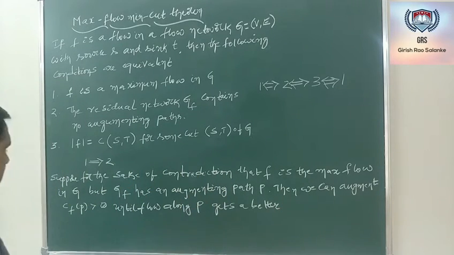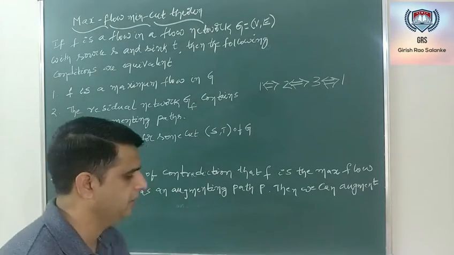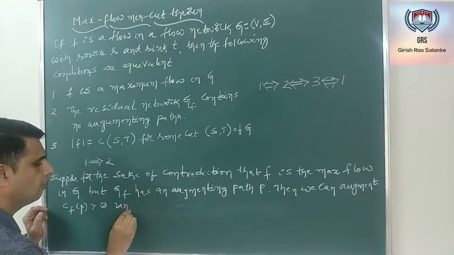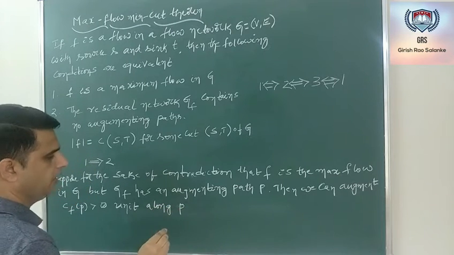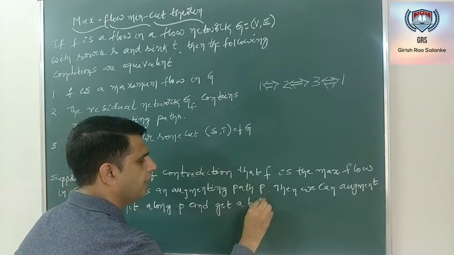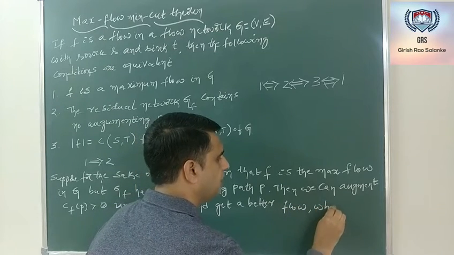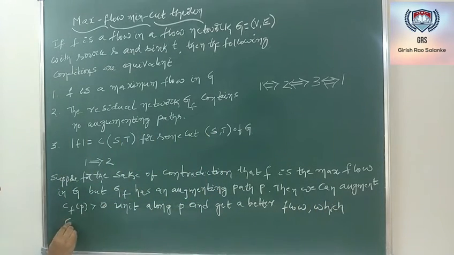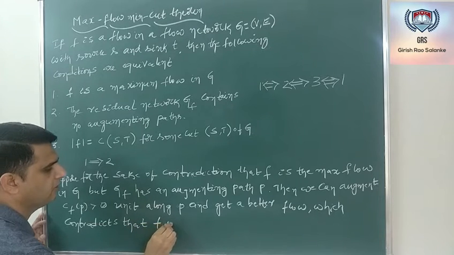Then we can augment the bottleneck capacity, this many units, along P and get a better flow, which contradicts that F is the max flow.